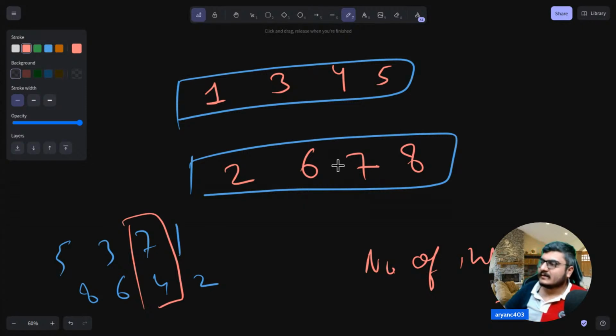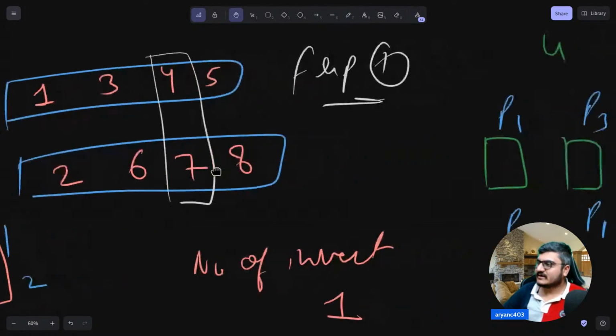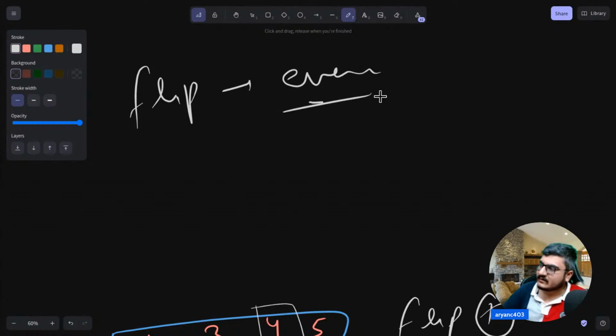And the idea was that here we have to do a flip only once to put these numbers in sorted order. The idea was if the number of flips is even, then I can first make some swap operations to flip the numbers and then try to sort the array I have.